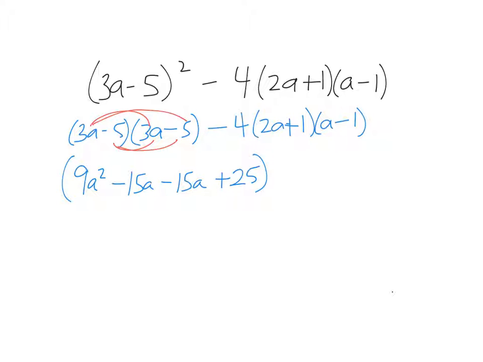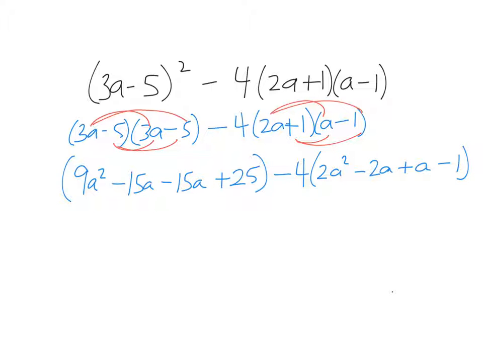Okay, then here on the other side, you kind of ignore the 4. So you still write minus 4, and you have your bracket, because the multiplication you're going to do is with these things. Okay, so I get 2a squared minus 2a plus a minus 1.